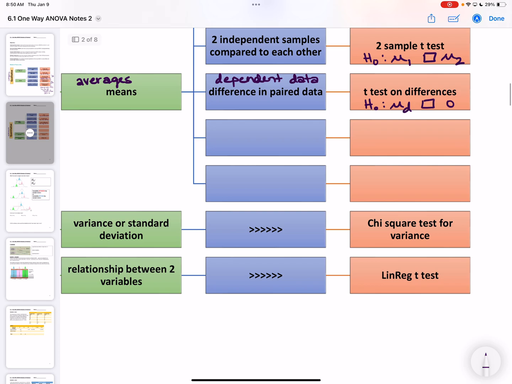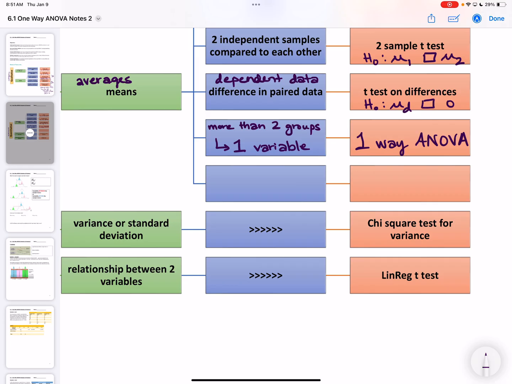So you'll see there's 2 more blanks right here. So this is what we're going to be talking about in this chapter, okay? So still looking at averages, but if you have more than 2 groups and you want to look at one variable, then that is called a one-way ANOVA. Okay? So you have to have more than 2 groups.